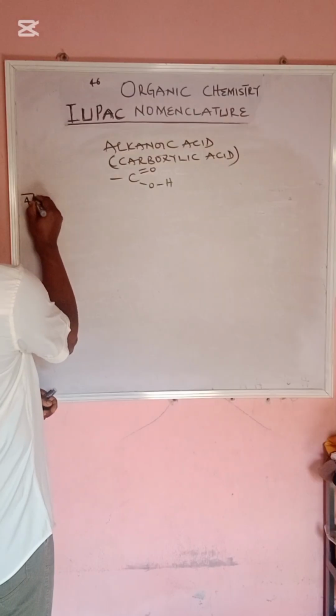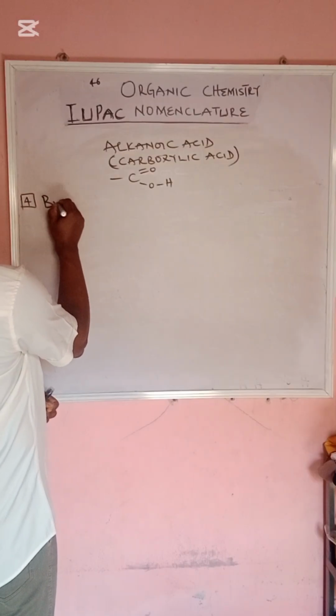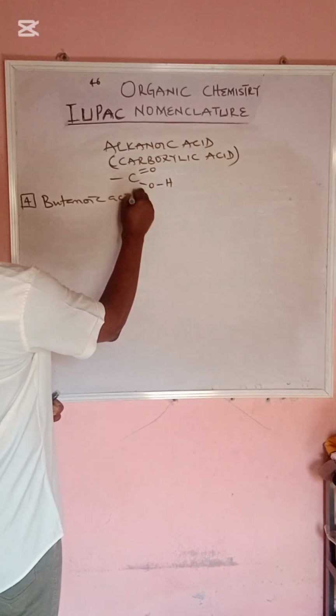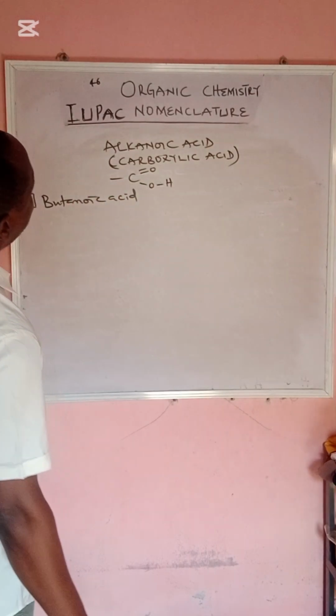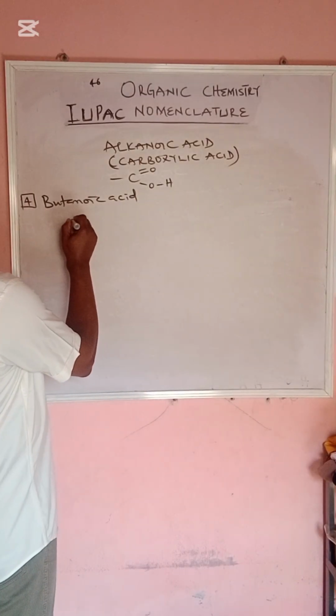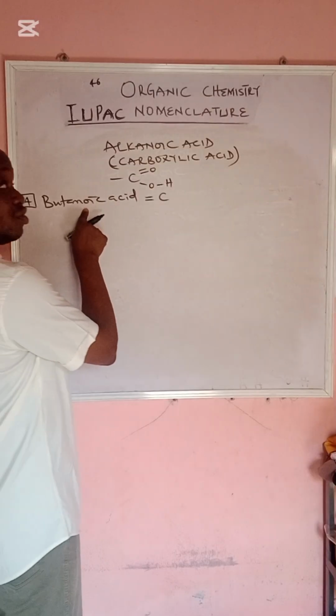Number 4. So what of butanoic acid? For butanoic acid, we are going to use n equals 3.